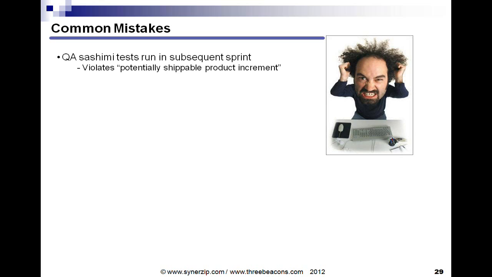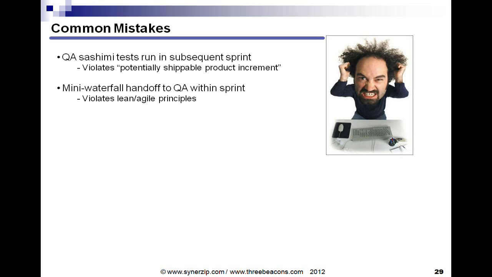So even if your customer does not take advantage of receiving a product increment at the end of each sprint, it's still a good idea to instill that mindset in the development team and shoot for that, because it's less work that you will have to do on the back end.